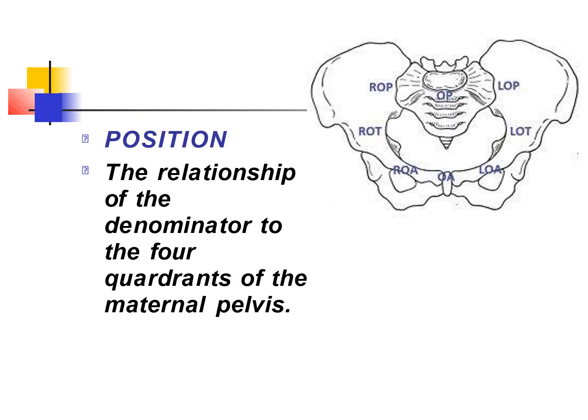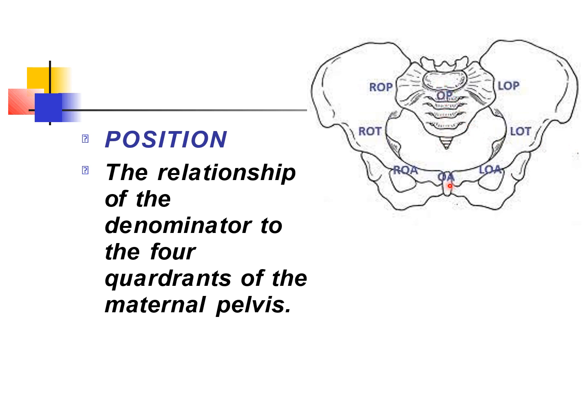Next is the position. It's the relationship of the denominator to the 4 quadrants of the maternal pelvis. The denominator, as I have already told you, the common denominators are occiput, sacrum, brow, mentum, and acromion process. So the position is the relationship of this denominator to the 4 quadrants of the pelvis.